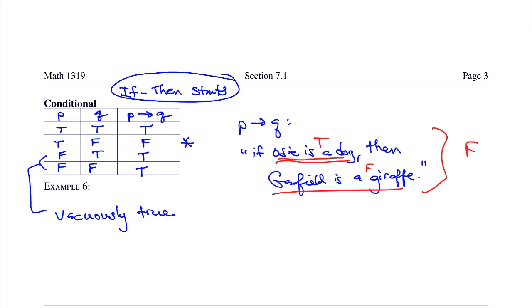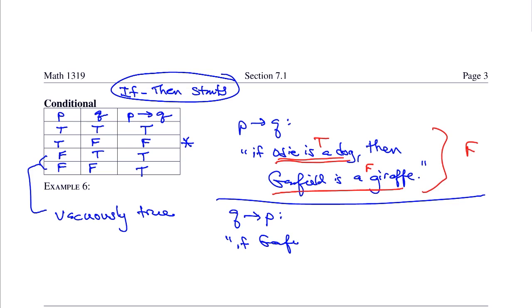So if you just switch that around, it would be true? Correct. So let's do that. If we have Q implies P, or if Q then P, this would be: if Garfield is a giraffe, then Odie is a dog.